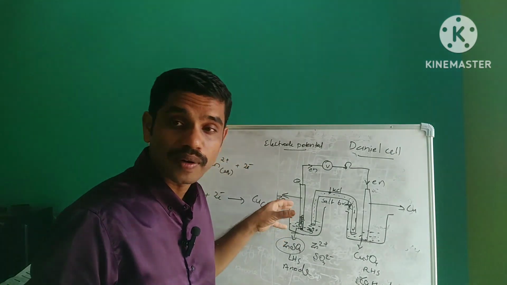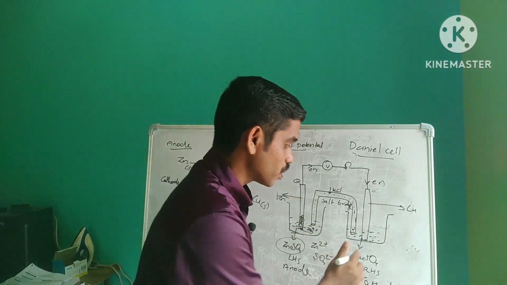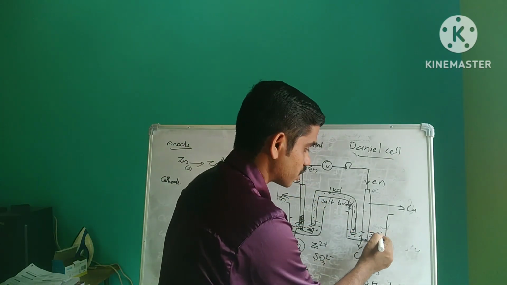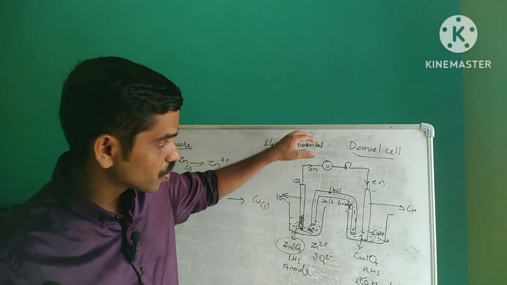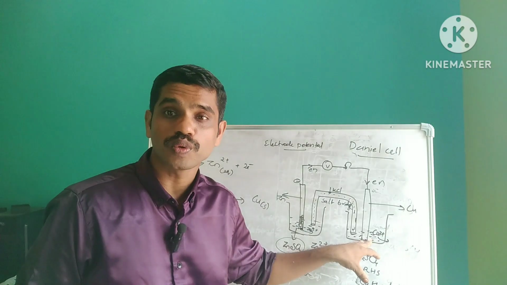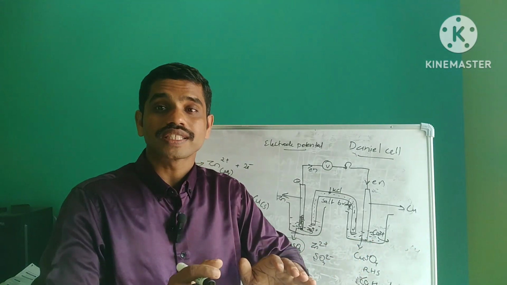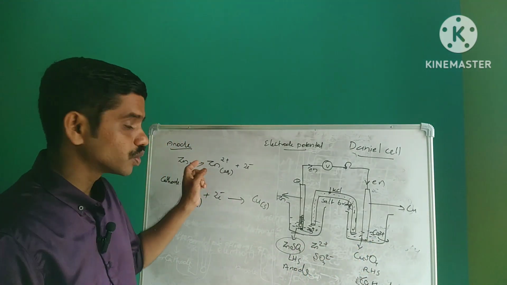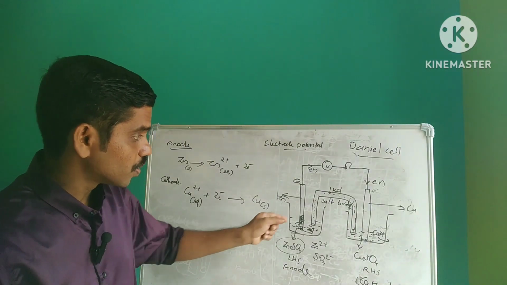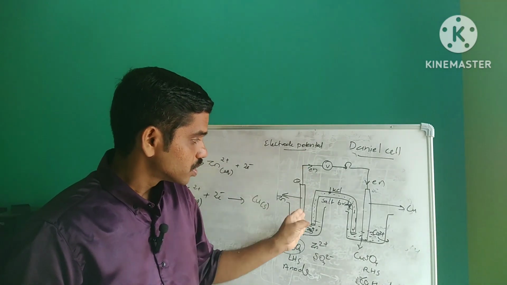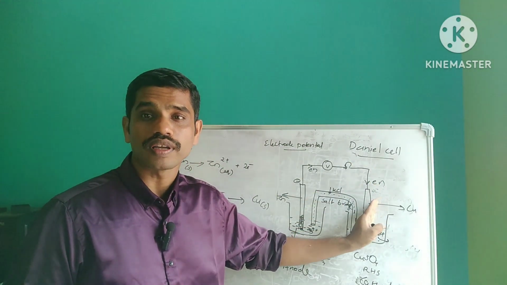The electrons are moving and coming into the solution, where copper ions are present in copper sulfate, and the reduction happens. Electrons are moving from the zinc electrode to the copper electrode.